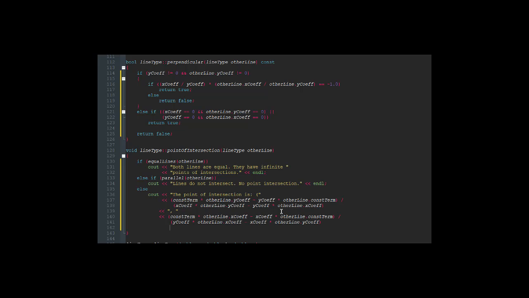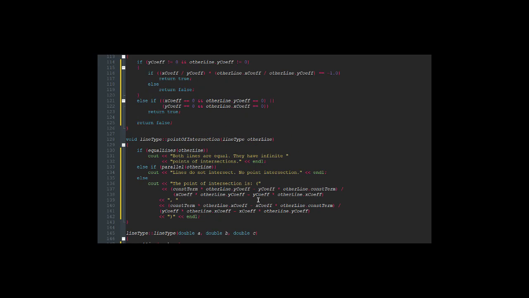And now, from there, we just ended off by writing in there. And that should be the end of our point of intersection.